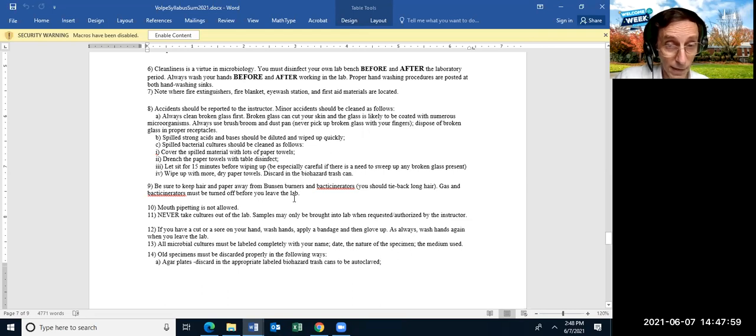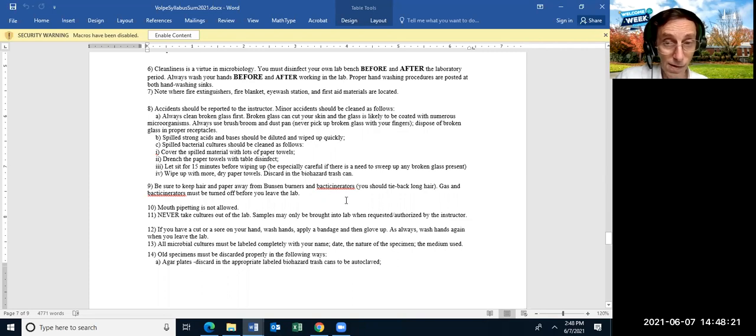For working in the microbiology lab, we have tools, and we would use a Bacto Incinerator. I'll try and show you that later. It'll be in the first lab. You put the tool in the Bacto Incinerator, and it will sterilize the loop. And I'll show you what the loop is when we get into lab 1.